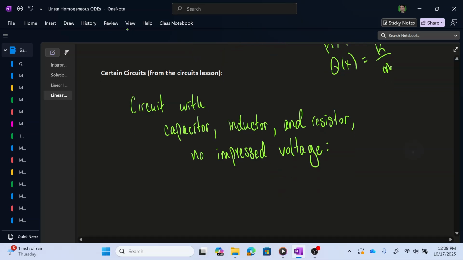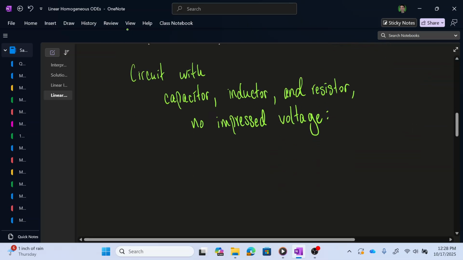then when you apply Kirchhoff's loop law to a circuit of that nature, you get the following relationship between all the voltage rises and all the voltage drops in the circuit. So we know that there's going to be a voltage drop coming from the resistor.